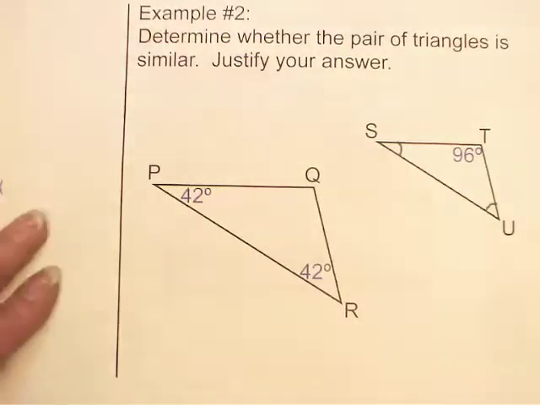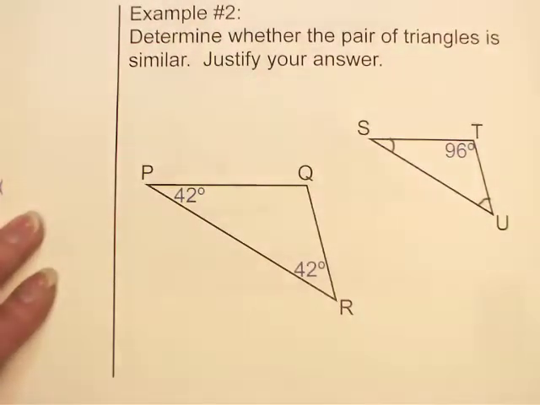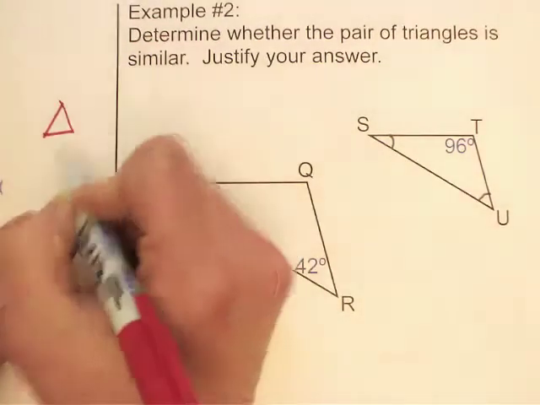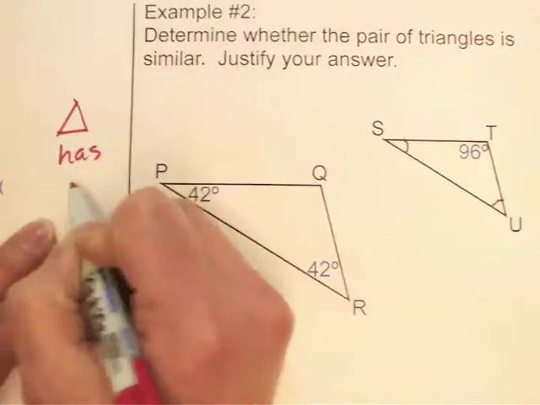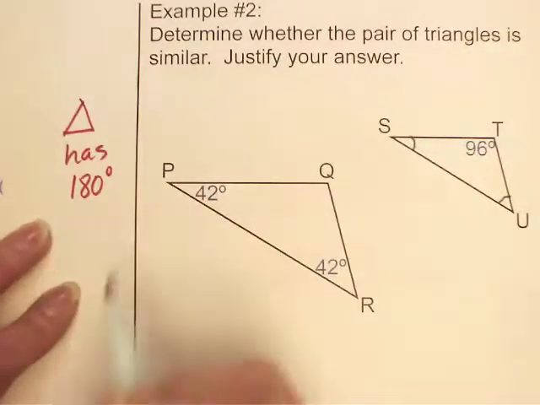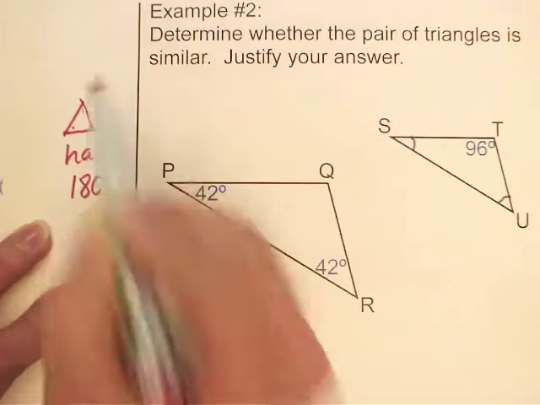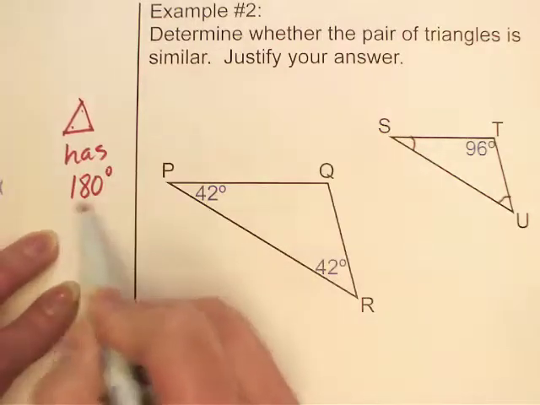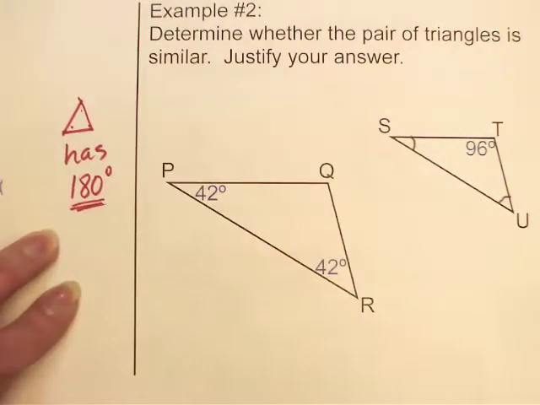So one thing we need to go back to is how many degrees are in a triangle? Do you recall that? Remember that a triangle has 180 degrees, which means when you add up all 3 of its angle measures inside, it should come out to 180 degrees. So why is that information going to help us on this question?